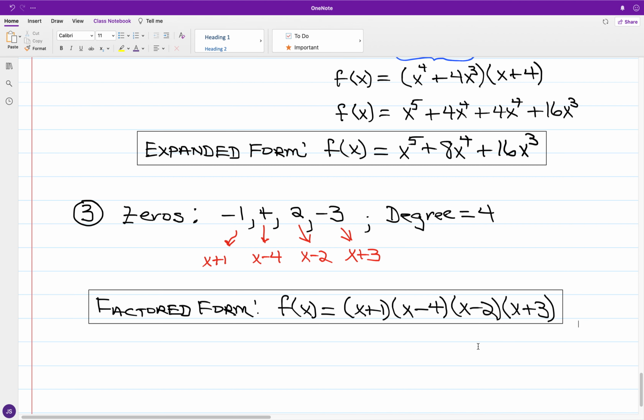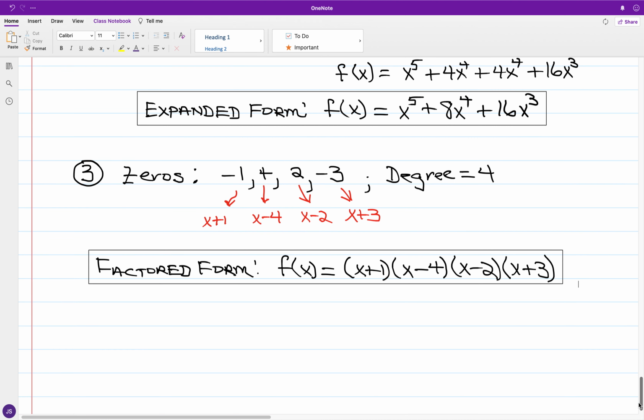So this is one way that the factored form can be expressed, and all of these zeros we just had as a multiplicity of 1. So all these factors here will be first degree.